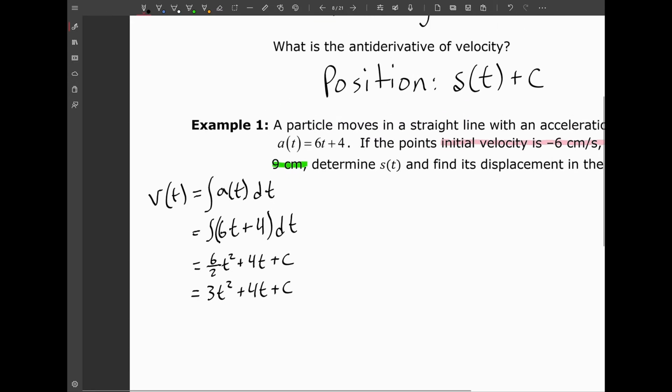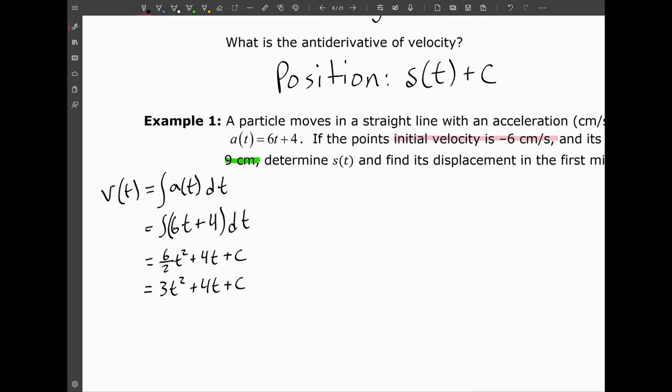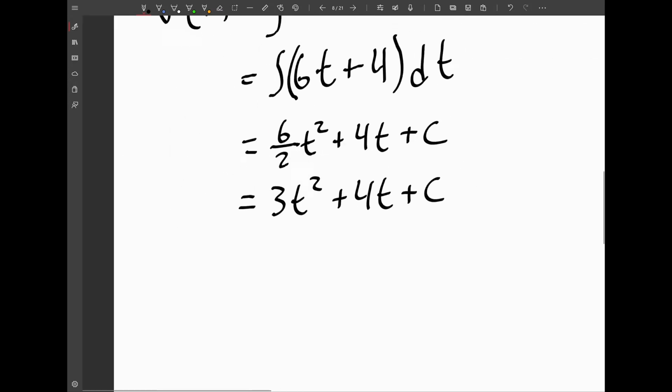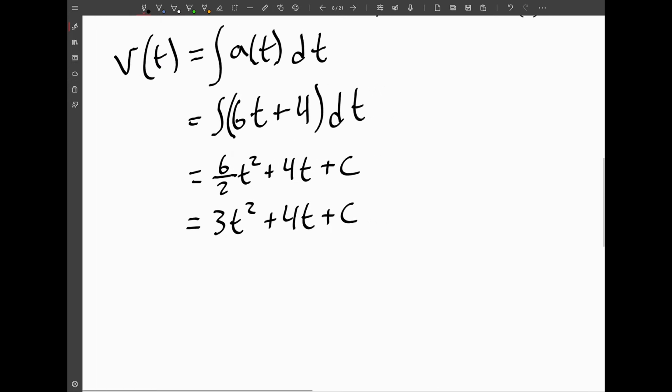Okay, but here's the thing. We are told that the initial velocity, so that means the velocity at our initial position, is negative 6 centimeters per second. So what we can do is say that v of 0, v when t equals 0, at the initial time, is equal to negative 6. That is just from the conditions we were given in the question.